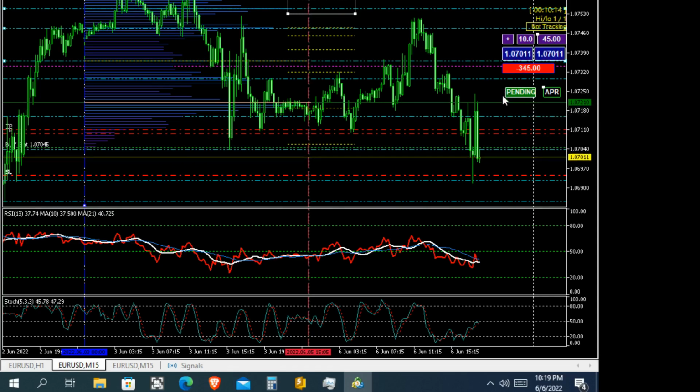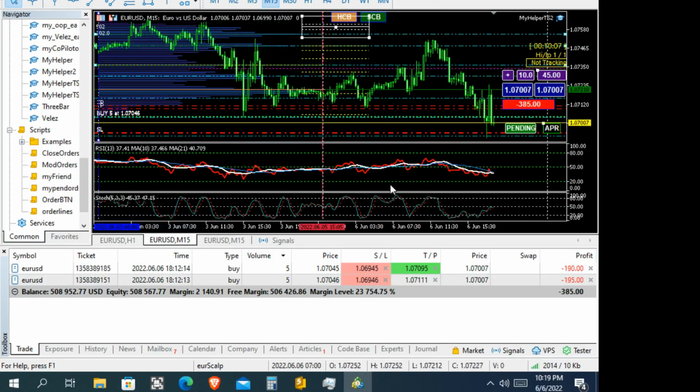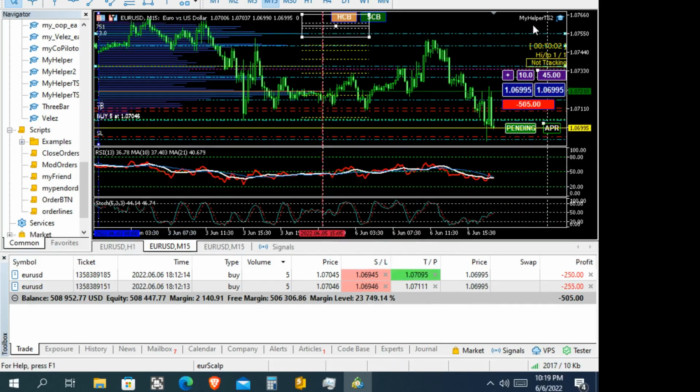So I'm going to let price go up again. But now I have to reset my screen so I can see my orders here. So now let me readjust my screen so we can see what's going on. Okay, so here we are. Price is trying to go downward.